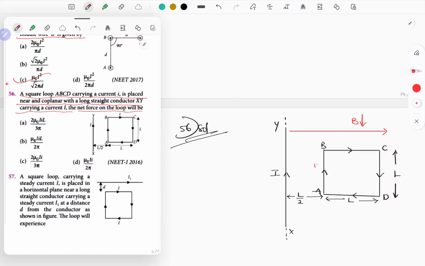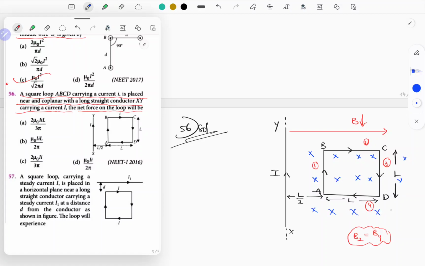Let's say this is 1, 2, 3, 4. The magnetic field on the second and fourth conductor is the same. And one more thing, what's the direction of magnetic field here? The magnetic field is inward.